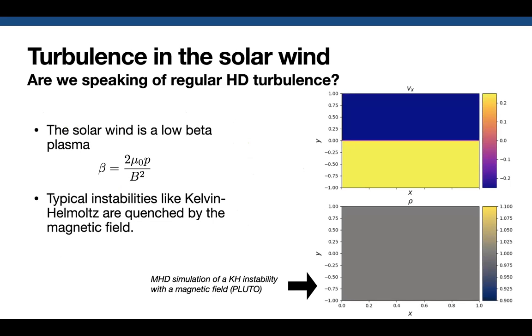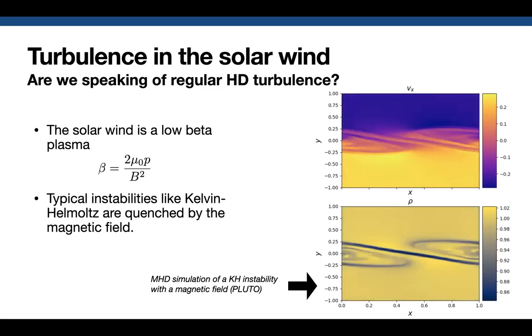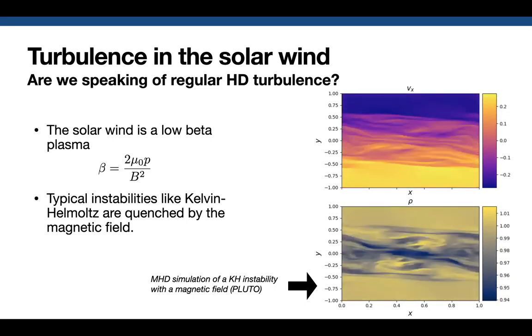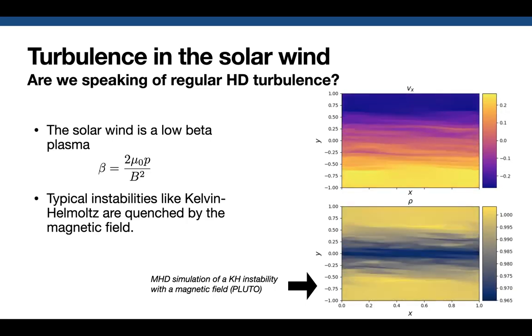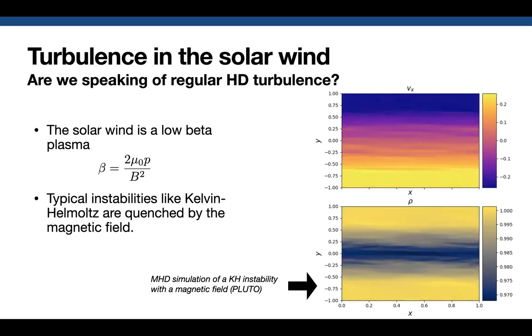And the reason is that, at least in the inner heliosphere, very close to the sun, we are in a low beta plasma. And so, for instance, typical instabilities like Kelvin-Helmholtz modes are going to be quenched by the magnetic field. To illustrate this, I've run a very simple simulation of a Kelvin-Helmholtz mode with a guide field in the x direction.